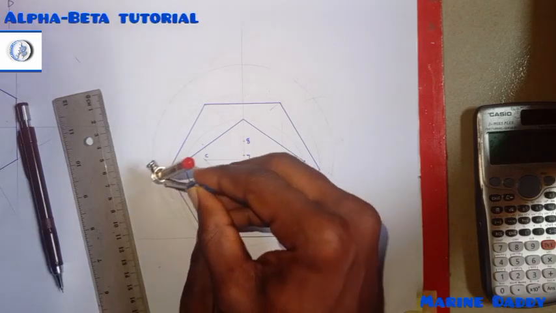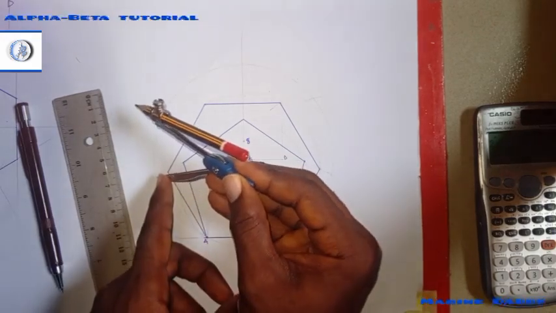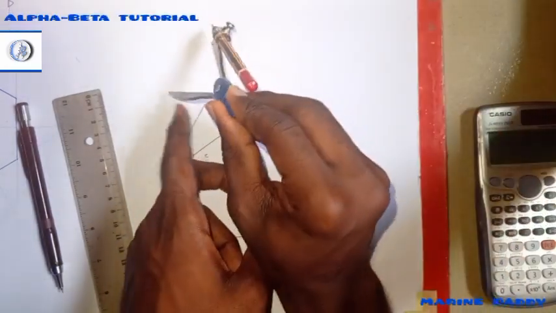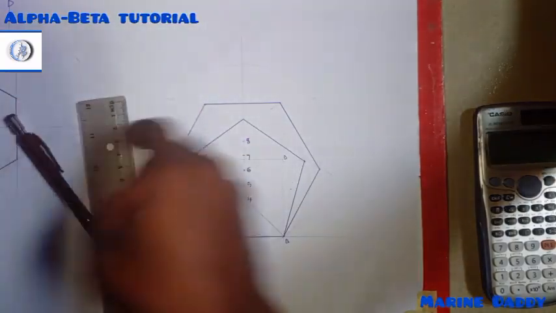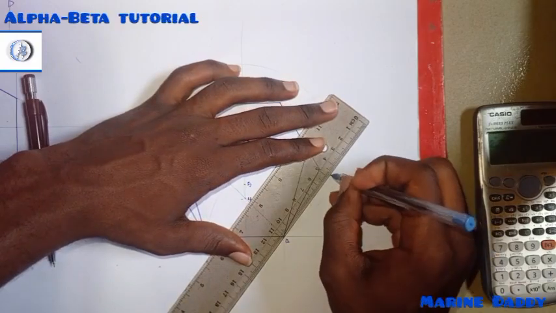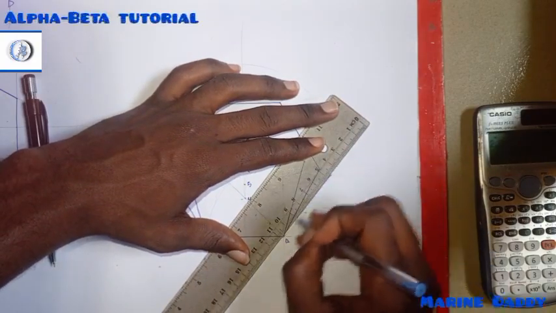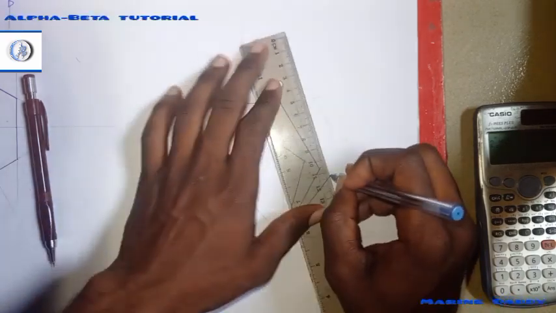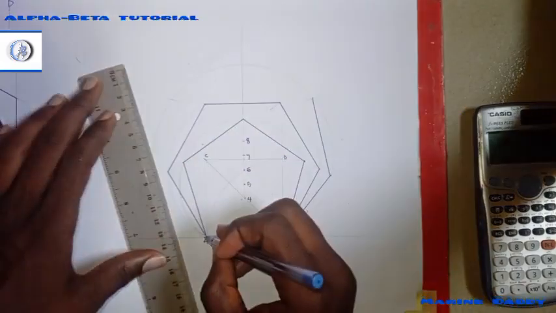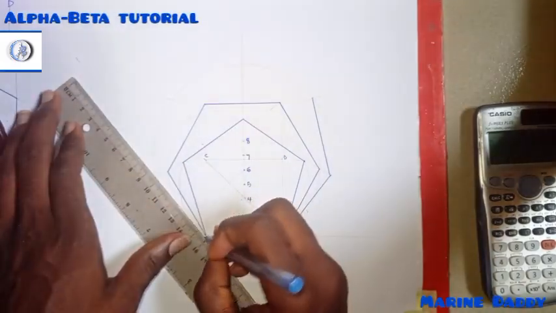Come over to this place. 1, 2. This one gets to here. This one too gets to this place. So again, there's no need drawing that part. So I just have to connect. So when I connect this, I'm having this to this.